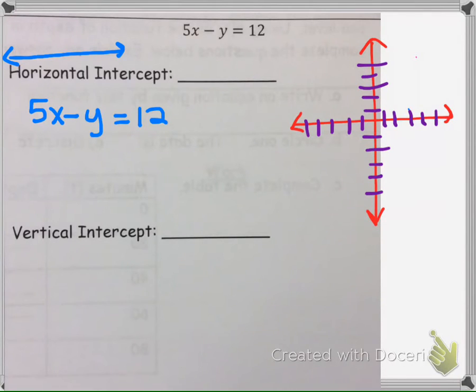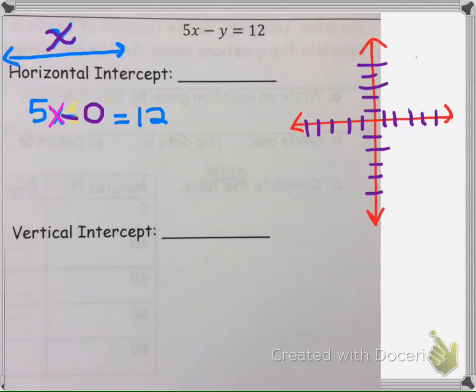Alright, so same thing here to find the horizontal intercept. That is the same thing as the x-axis, since we're using x and y. So that means I want to leave the x in the problem, and I'm going to take out this y here and plug in 0, because I want to know where it crosses the horizontal intercept, and that's the same thing as where does it cross x.